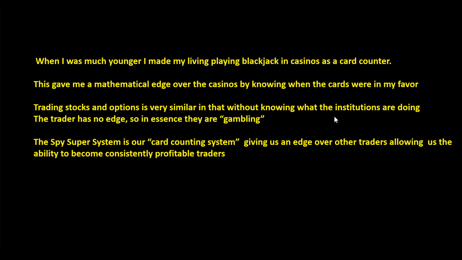Without knowing what the institutions are doing, the trader has no edge. So in essence, they are gambling. If you're trading without a good methodology and not knowing what institutions are doing, you are basically gambling. But that's the difference here: the SPY Super System is our card counting system. This gives us an edge over other traders, allowing us the ability to become consistently profitable.